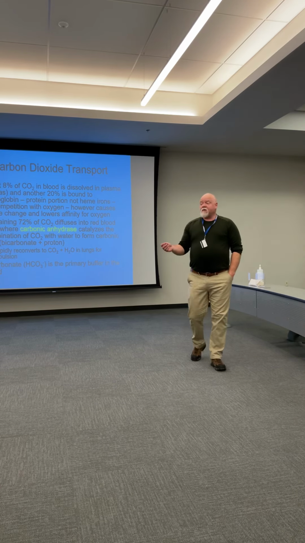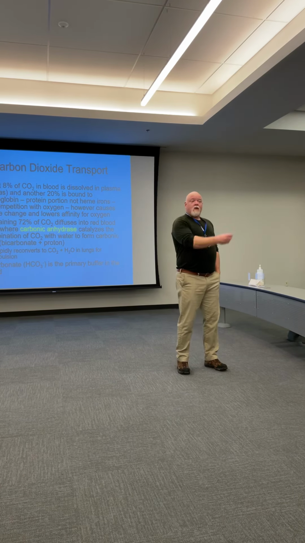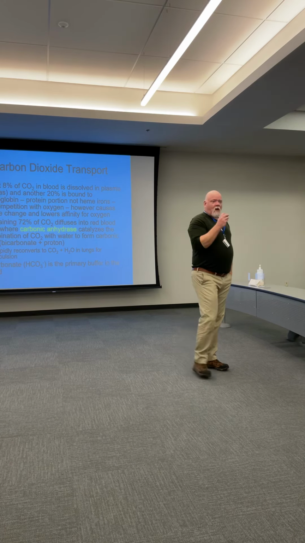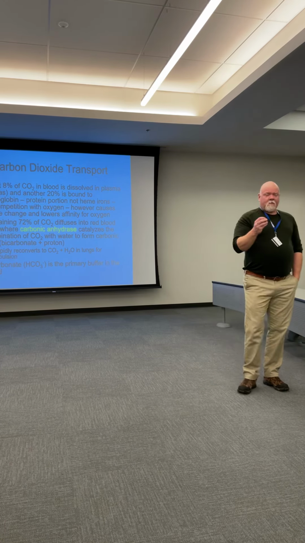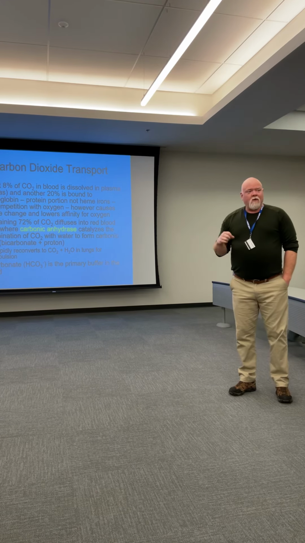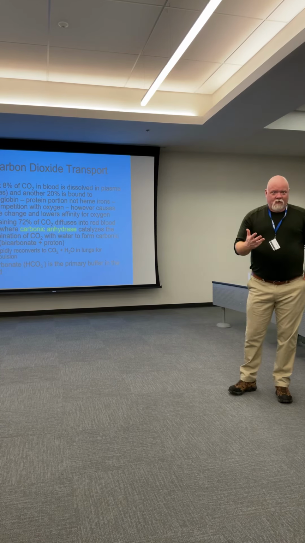Because we're going to carry this carbon dioxide now to the lungs. Okay? Not as carbon dioxide, okay, but as bicarbonate, as this carbonic acid, we can call it. Okay? And when we get to the lungs, we do something called the chloride shift. There's chloride here, and there's hydrogen here.